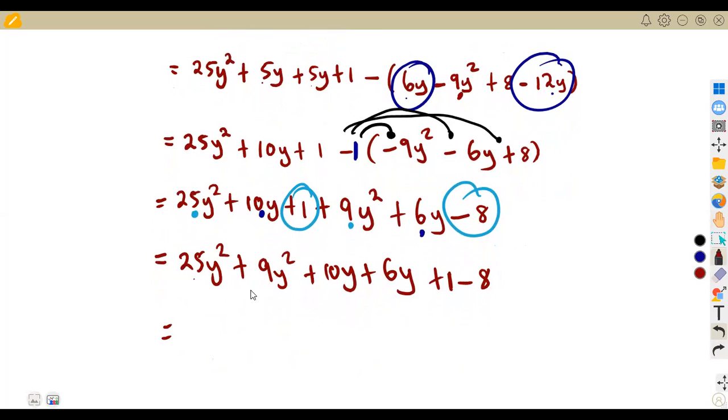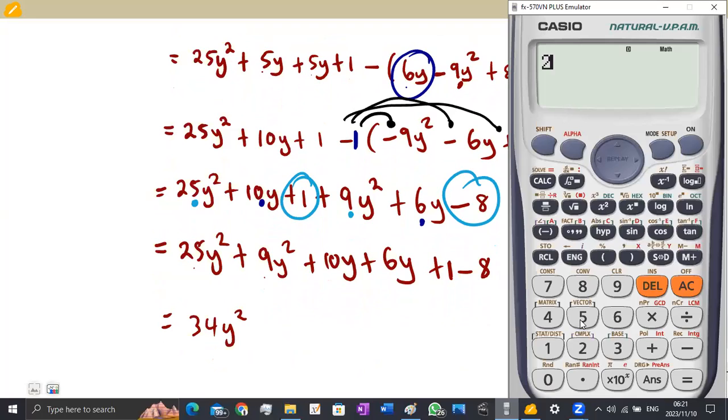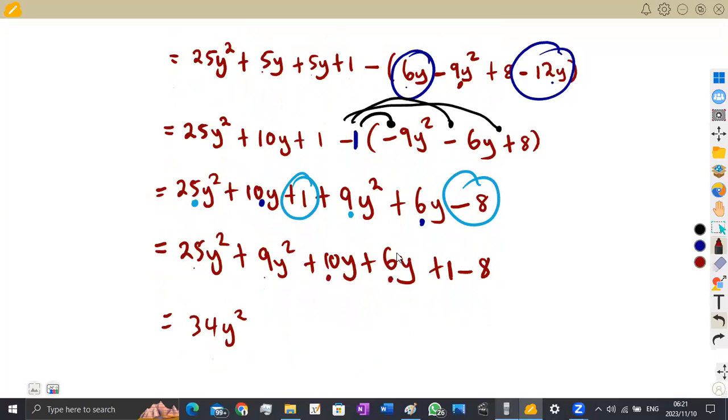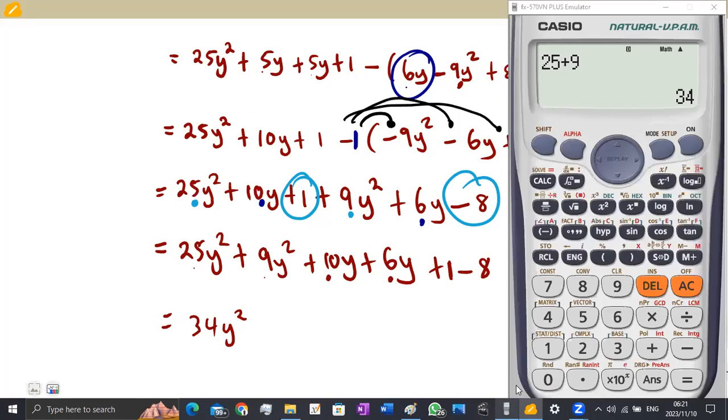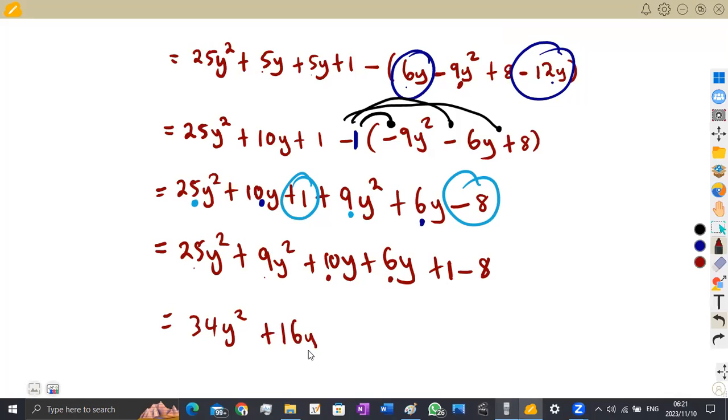So you can simply add 25 plus 9, which is going to give us 34. So that is 34y squared. Or you can just use your calculator, on a condition that you do not understand your values. Then we move on to 10y plus 6y, which is 16y.